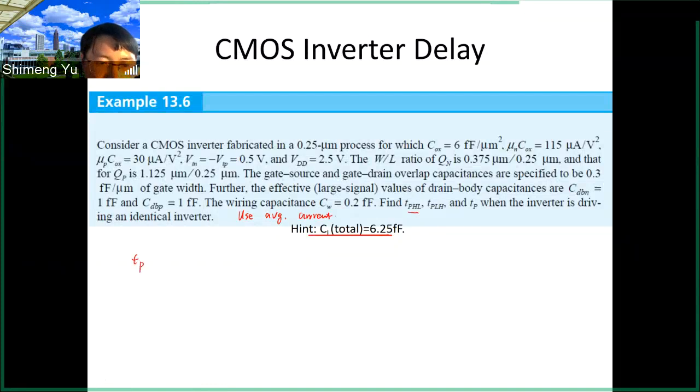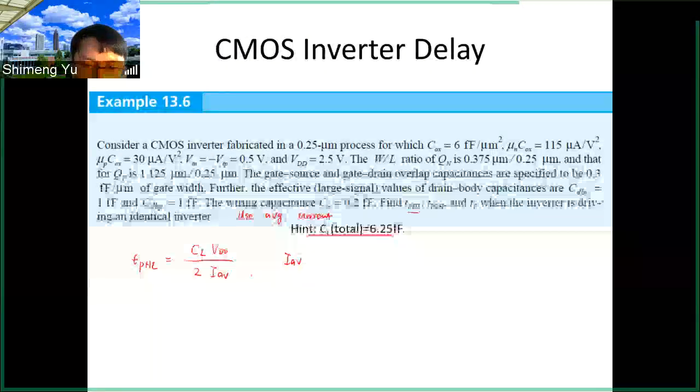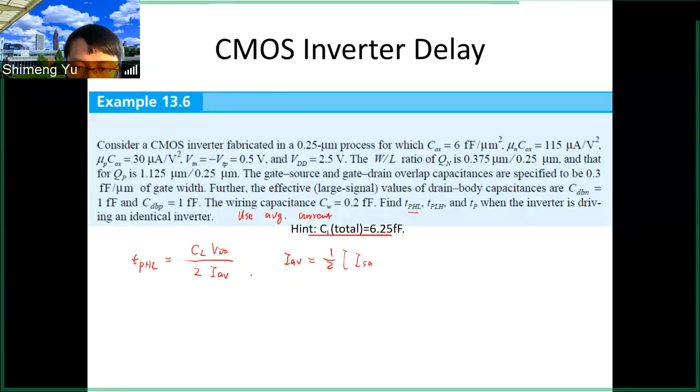If you recall the discussions earlier, we have C total times the swing, VDD divided by 2, divided by I average. And this I average is the saturation current plus the triode current, averaged.